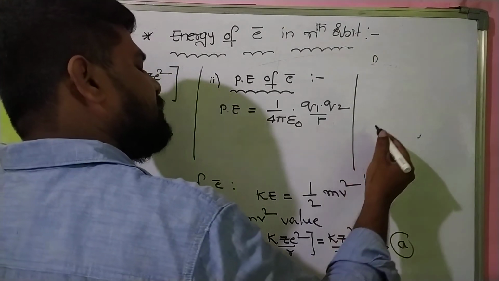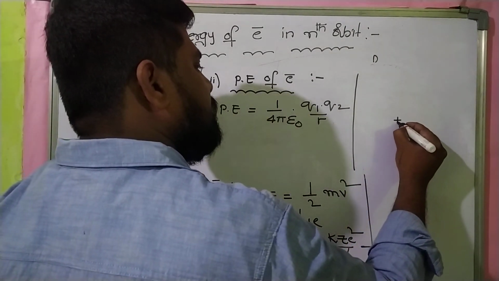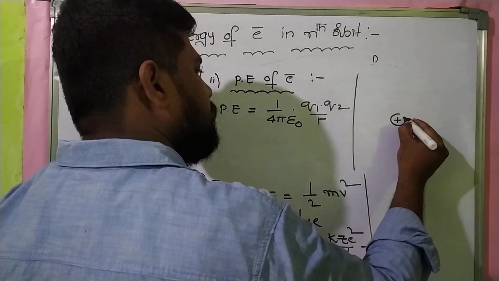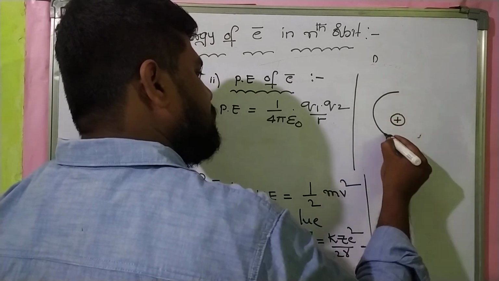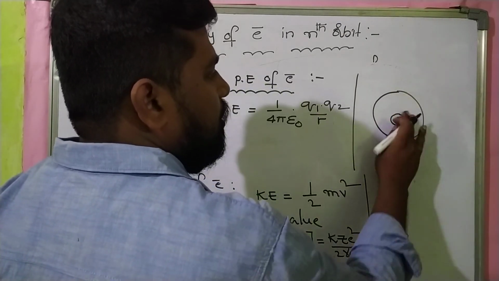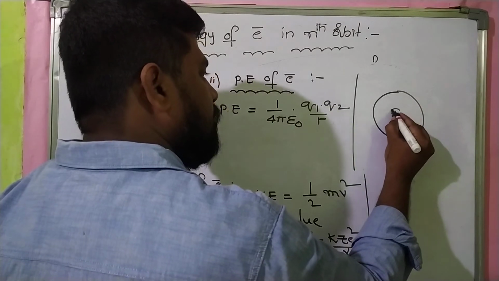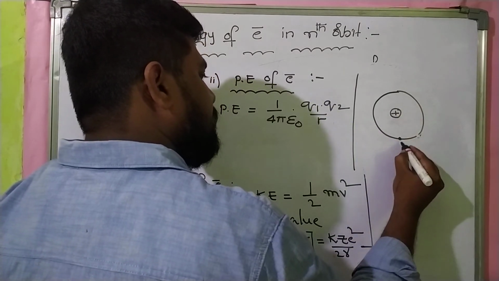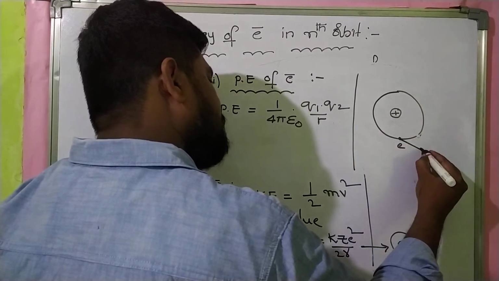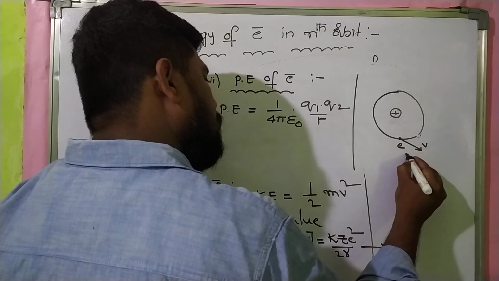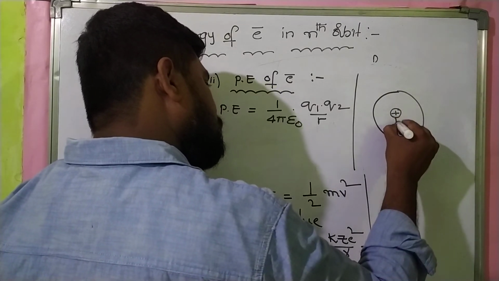Once again, the picture. This is the nucleus and this is one orbit. This is the electron, its velocity is v and mass m. This is the radius.